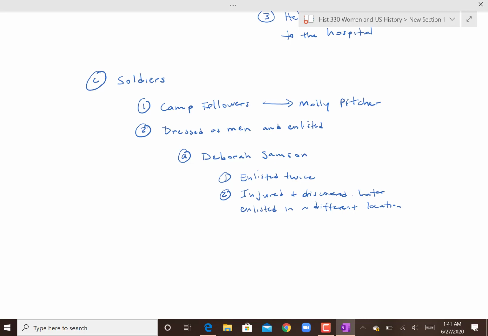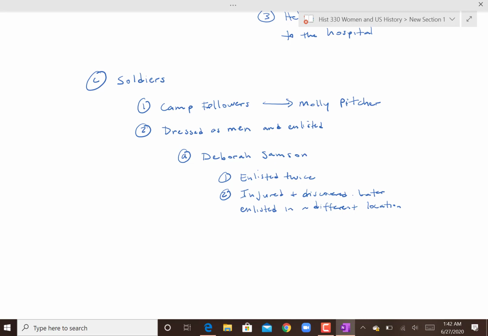But Deborah Sampson, so she was enlisted, she fought, she was seen as like a great soldier. Under the male name that she enlisted in, he was given commendations for his fighting, his bravery, was seen as a great soldier.